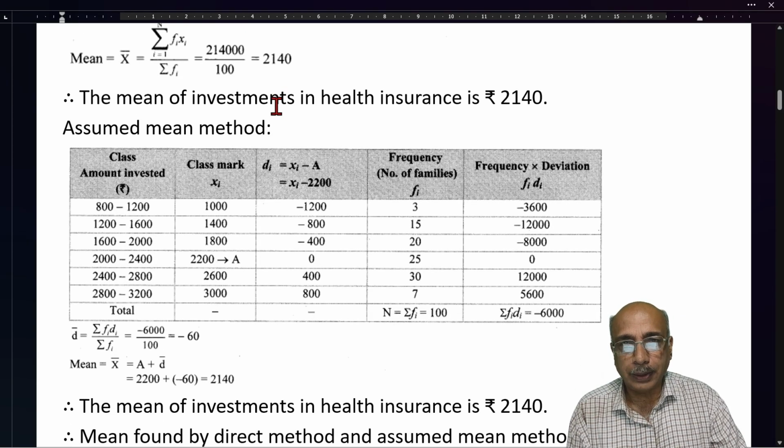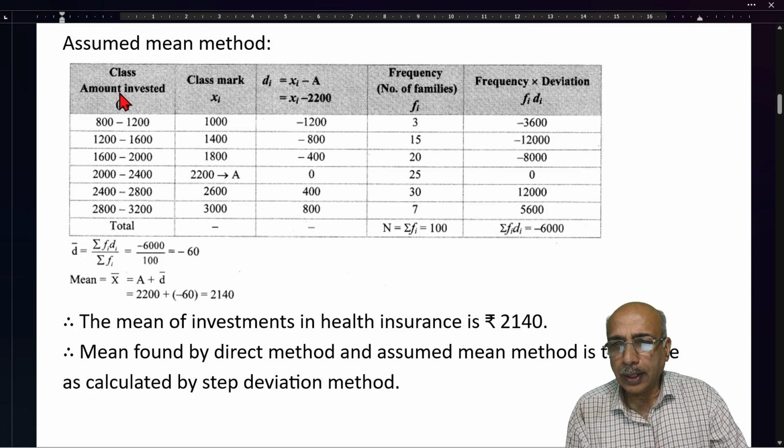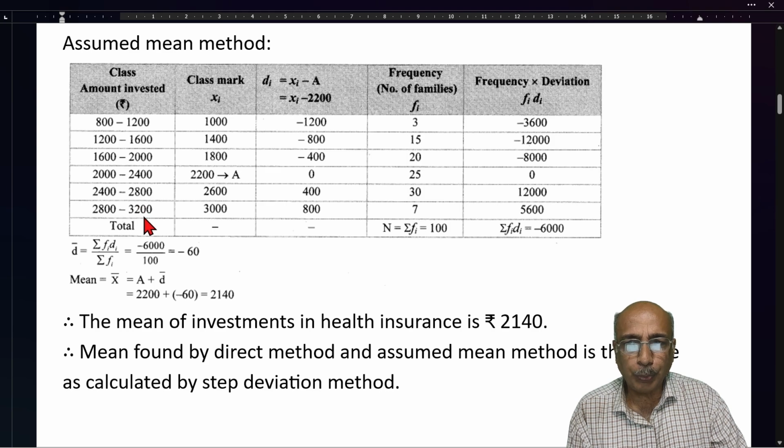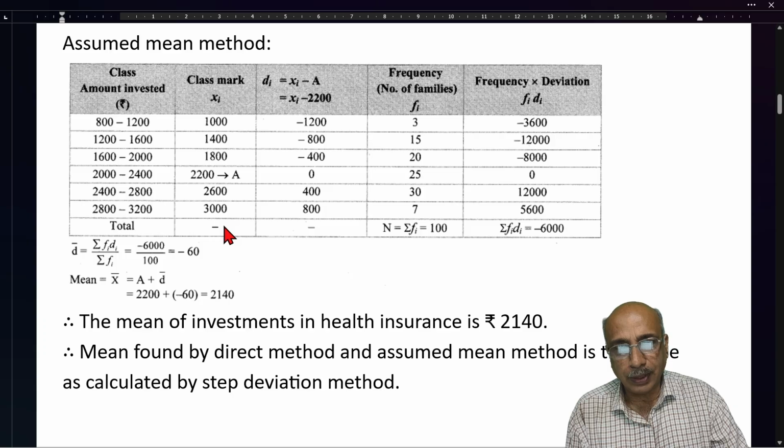Assume mean method, as it was introduced to you in class. Again, we have to write the class, amount invested in rupees. Class mark you have to write as it is given there. Here we have to select any one class. For example, we have selected the class 2000 to 2400 as assume mean, 2200. Now the class mark minus 2200.